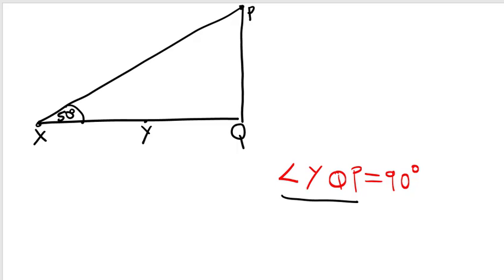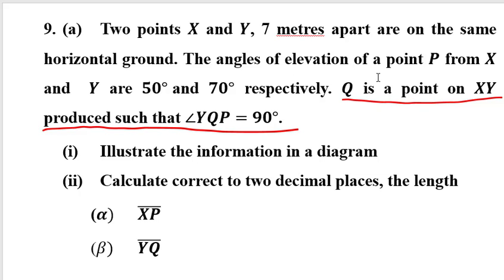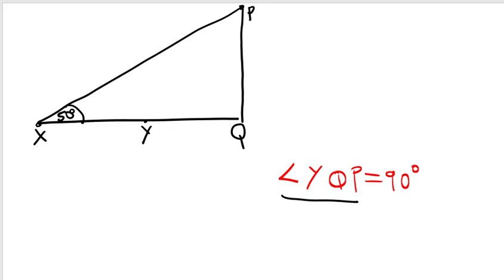And once again, if you read on, it says the angles of elevation of a point P from X and Y. So in this case, the angle of elevation of a point P from Y is also 70 degrees. So if you stand at Y and you look at P, the angle that is being formed there is the 70 degrees.